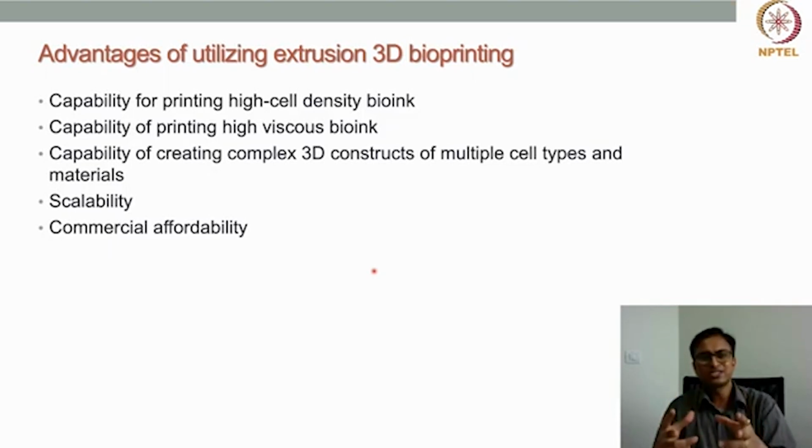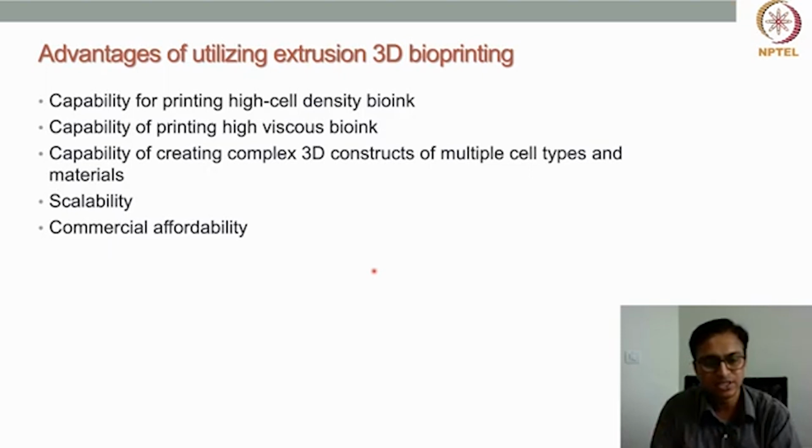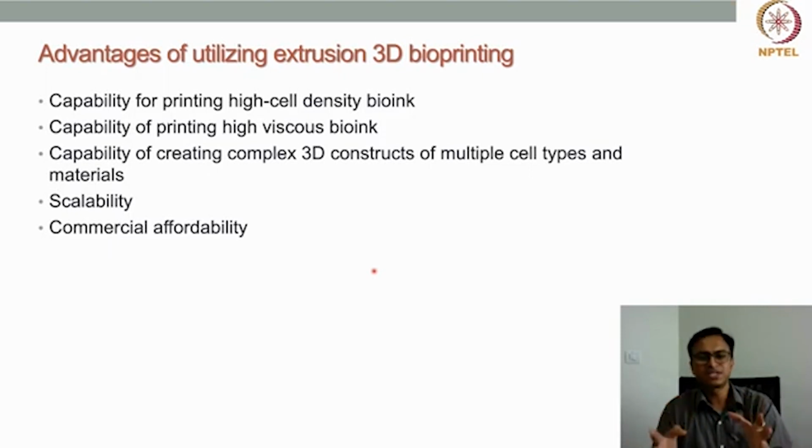So in certain cases we need to print high viscosity bioink, so that the stability of the structure is retained and the structure doesn't collapse. It is self-sustaining. So this bioprinting technology has the capability to print high viscosity bioink. So that is another big advantage.